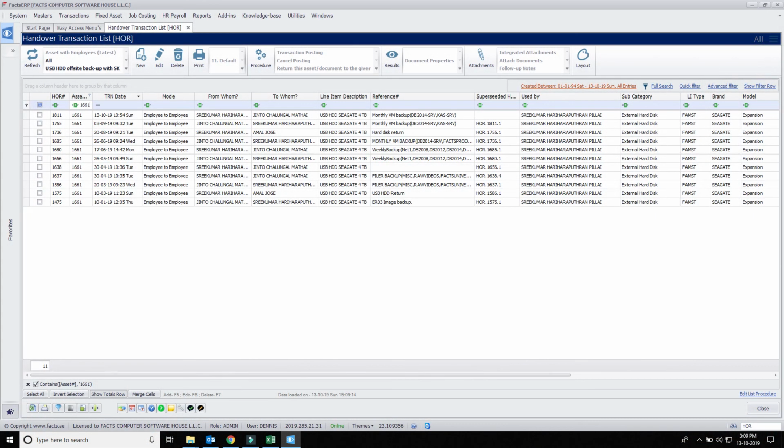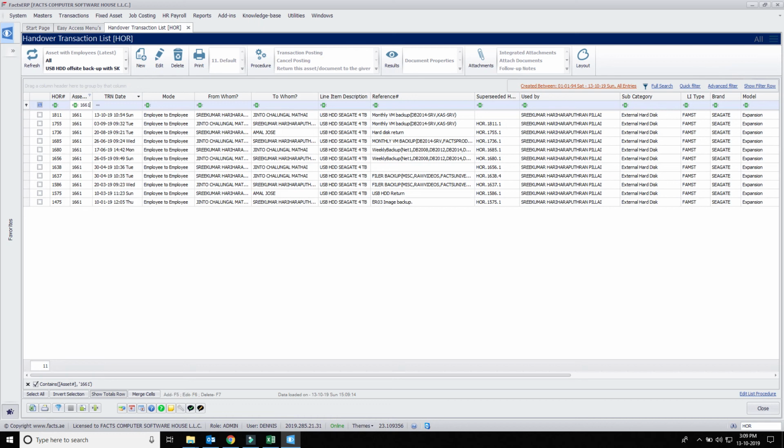At that time there is a new transaction, the same asset being handed over from you to me. So every transaction is recorded separately. We don't go to the old transaction and mark that it is returned. Instead, it goes like a linked list. So now we just sort by the asset number, and we know from whom to whom, and from whom to whom.